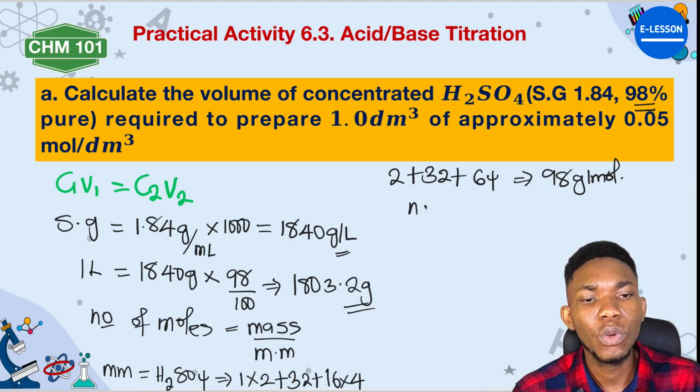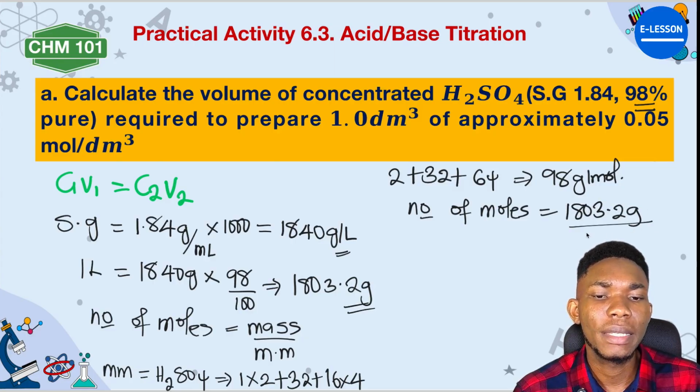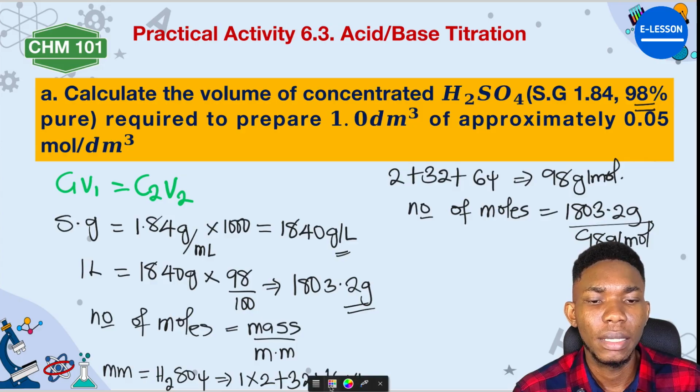So our number of moles, my dear student, will be: the mass of H2SO4 is 1803.2 gram. Molar mass is 98 gram per mole. All right. Now, at the end of the day, my dear student, what are you going to have? Gram, we cancel gram.